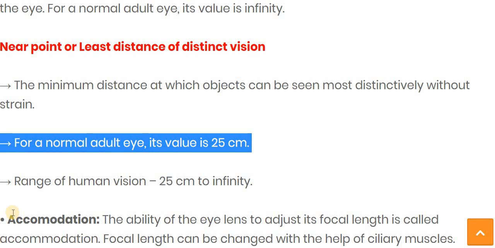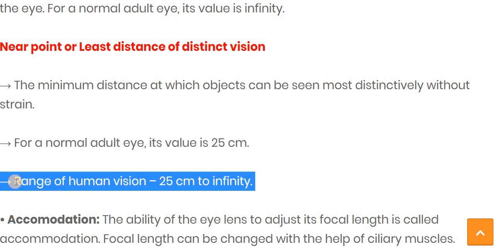For the normal adult eyes, its value is 25 centimeter. That means we can see the object properly at 25 centimeter only. If we take the object even to 24 centimeter, we cannot see it properly.